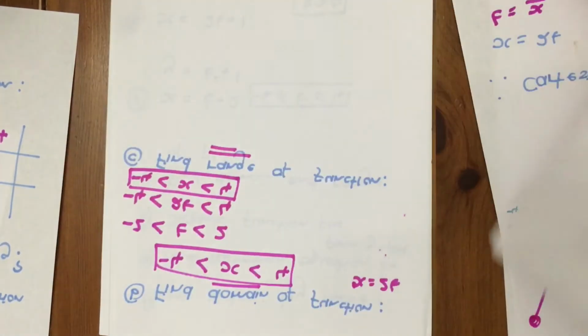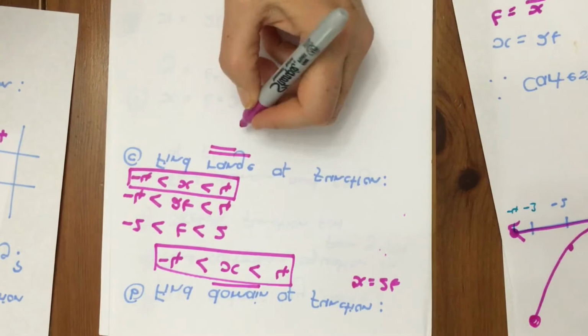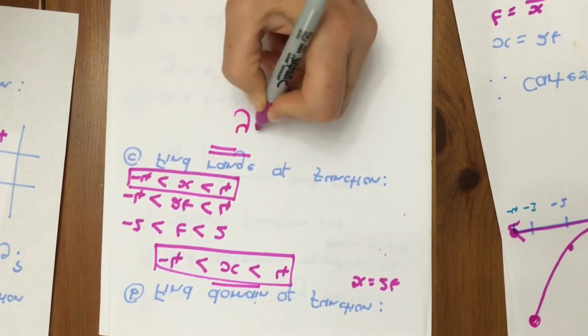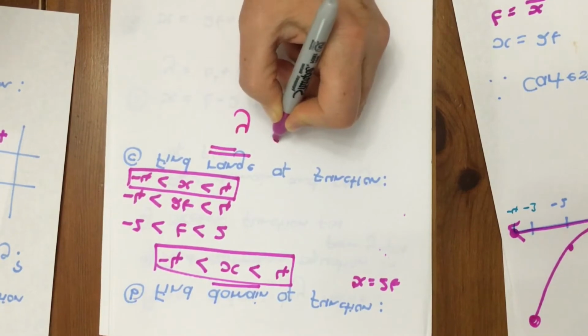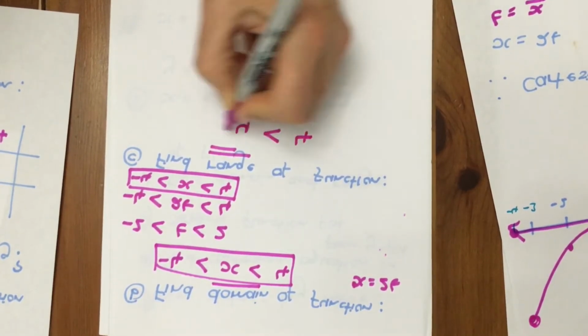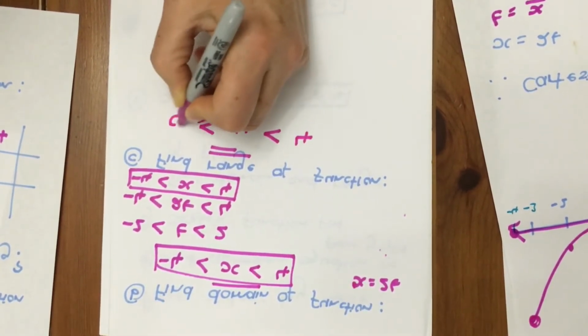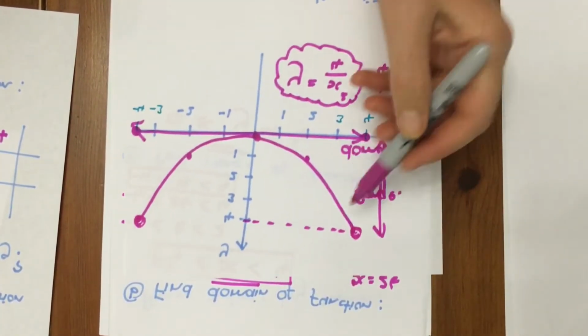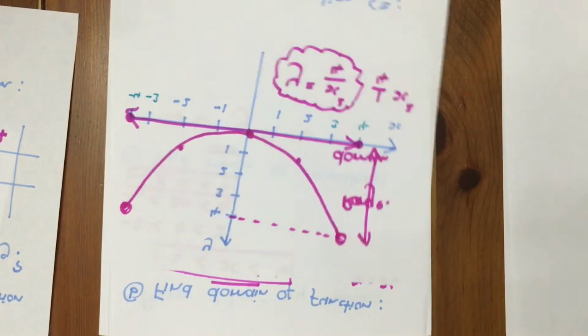So how do I write down my range of values for y? Okay, well, I can see y goes between 4 and 0, and it can actually equal 0. So the range of values goes between 4 and 0.